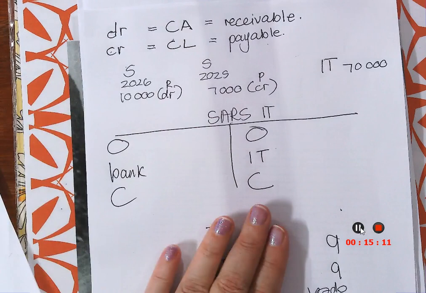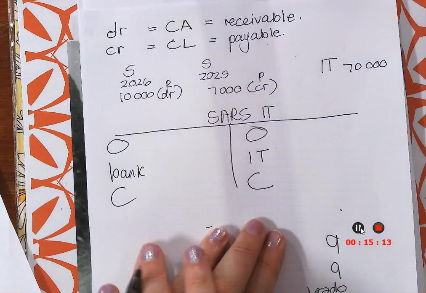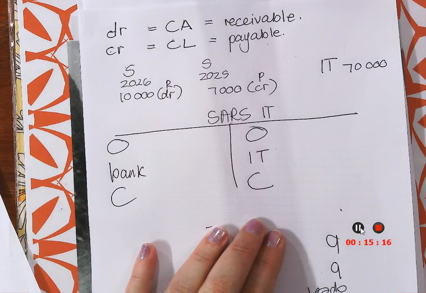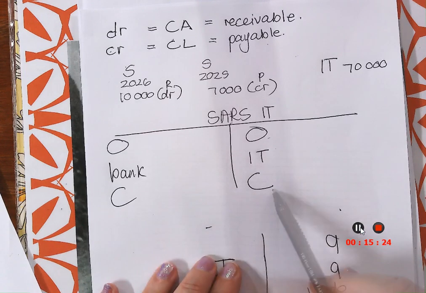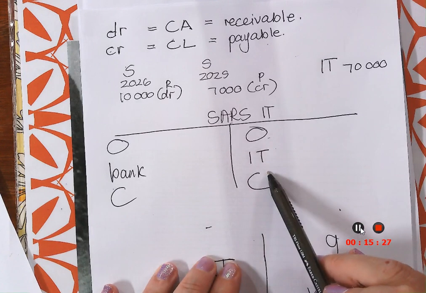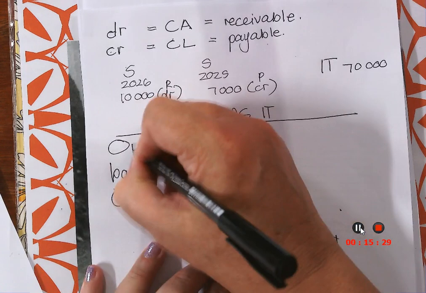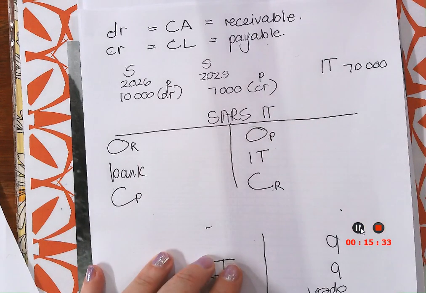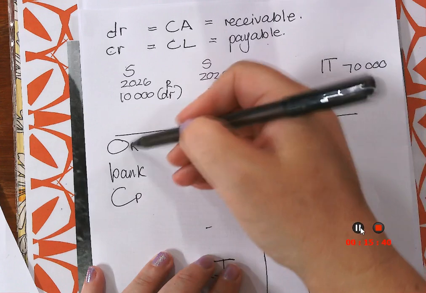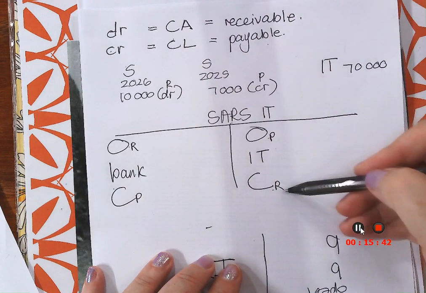Because this account jumps. Now, to get me not to be confused, my song continues: I have an opening and a closing and a bank and an income tax. Receivable and payable, receivable and payable. Can you see? That's going to help you. Can you see it works in a block? Receivable, payable, receivable, payable. It works in a block.